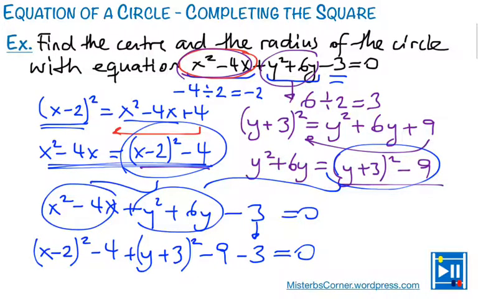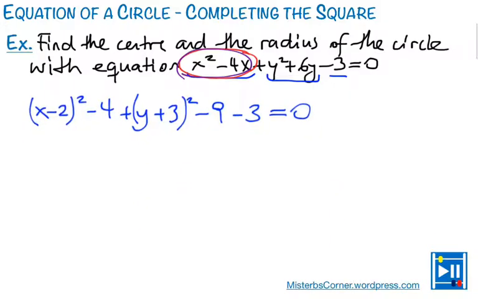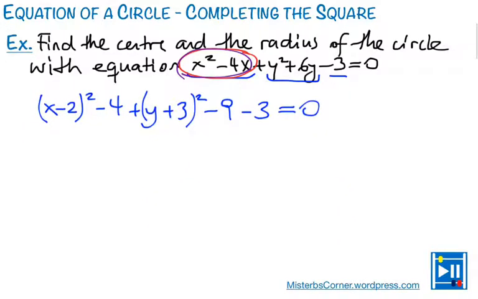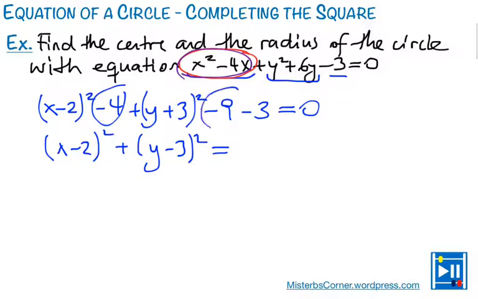So if I simplify this equation now, I'm going to write down (x - 2)² + (y + 3)² equals, right, -4 - 9 is -13, -13 - 3 is -16, which I will take to the other side as 16.